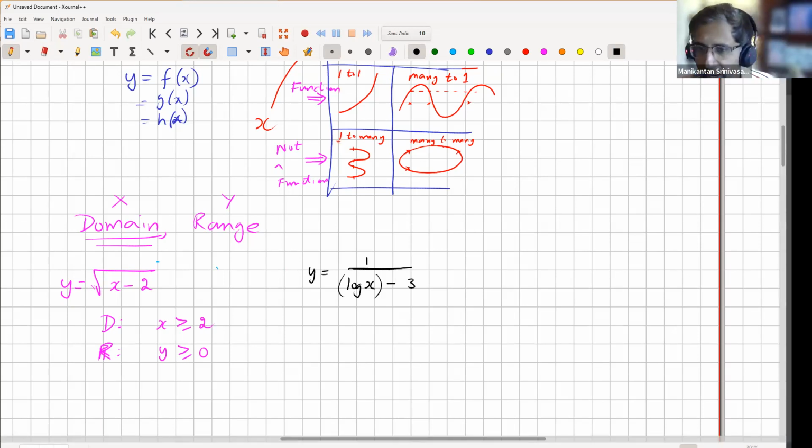Can you guys find the domain for this? I'll give you maybe around 30 seconds. And if I don't write a base, the default base is understood to be 10, right? We know that.